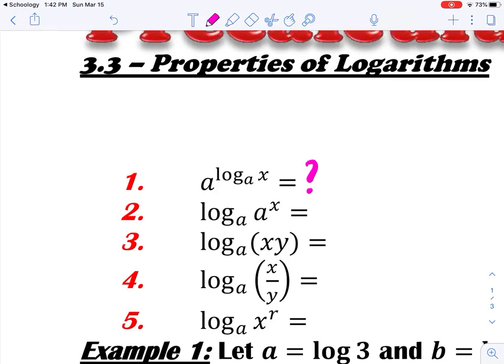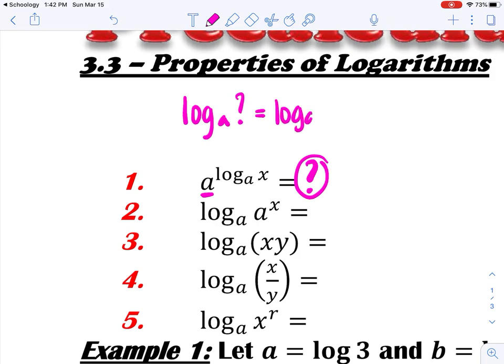If I rewrite this as a logarithm, my base is a, and what it's equal to, the question mark, is my exponent, log base a of x. So what's the question mark? The question mark is x. So this simplifies, long story short, to x.